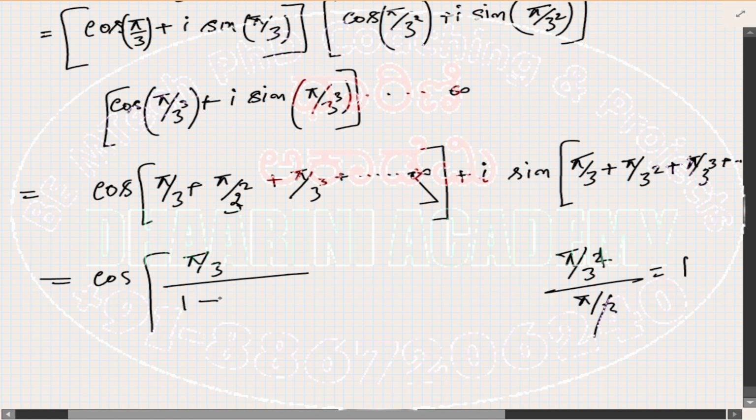That is the common ratio. Then plus I into sine of the same infinite series, which is pi by 3 divided by 1 minus 1 by 3.